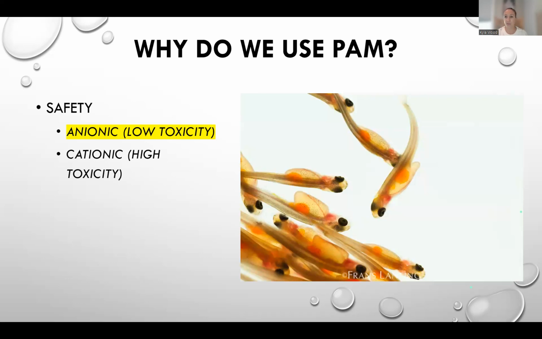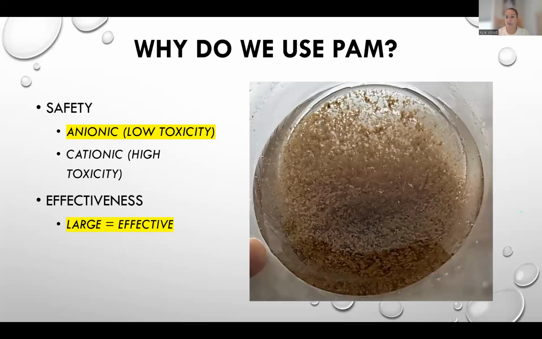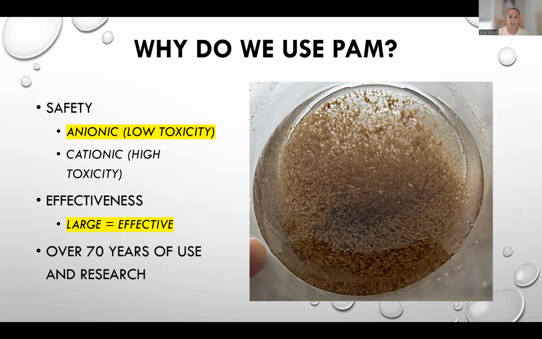We're using them out in the open environment. We want to make sure if they get loose, they're not going to hurt anything. So polyacrylamides have a very low toxicity. They're safe for aquatic organisms. They're food grade, drinking water grade. They're safe for people. And as we mentioned before, they're also very effective. These are very large polymers that can bind many different particles at once and form big, heavy flocks that can then settle out. They take the things out we're after, like clays, metals, and even some nutrients. And again, as we discussed more in depth last time, there's over 70 years of use and research on these.